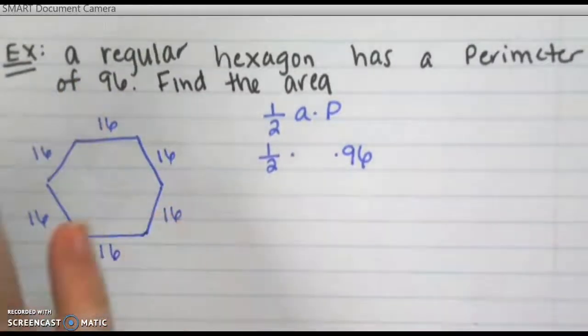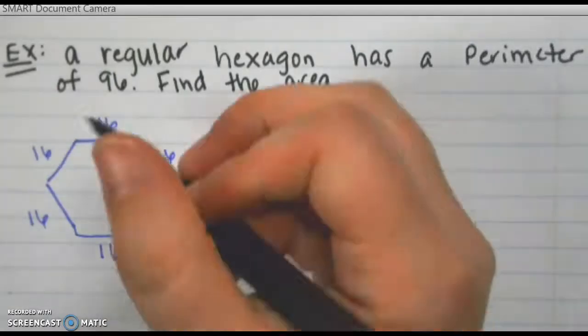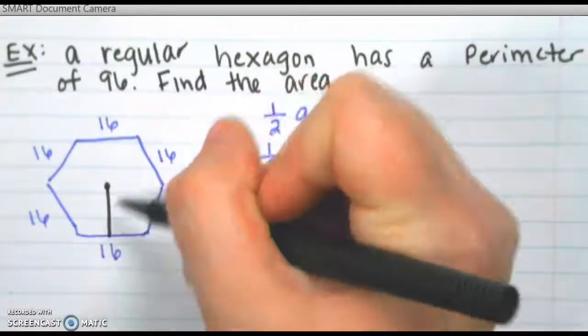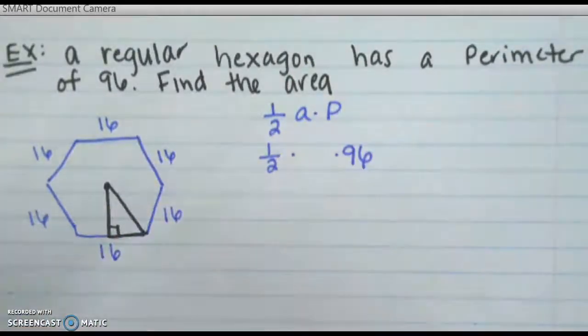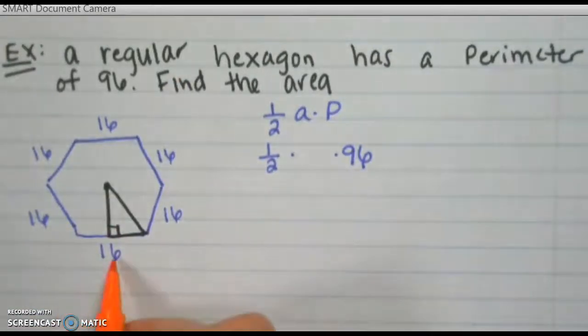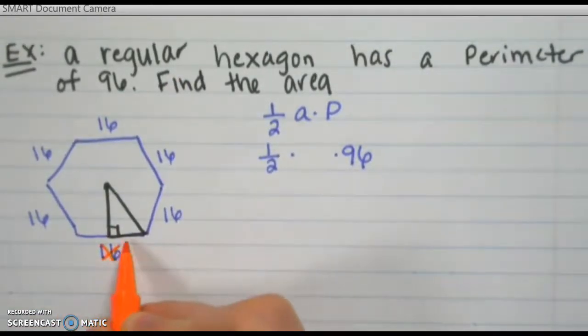All right, so I'm going to sketch my little right triangle. So I know if this whole entire side was 16, then this short side is 8.